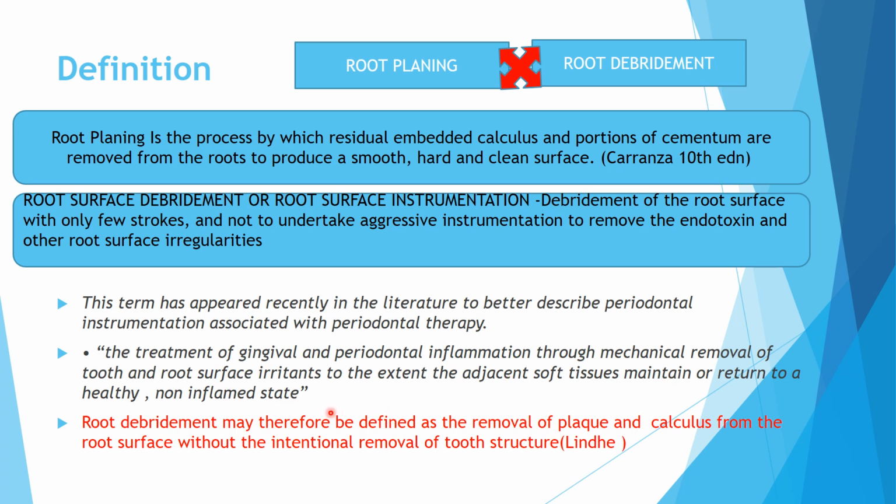So all the irritants, that is, all the local factors, will be removed from the tooth and the root surface, which is necessary to get the healthy non-inflamed state. That is why root debridement may therefore be defined as the removal of plaque and calculus from the root surface without the intentional removal of tooth structure.